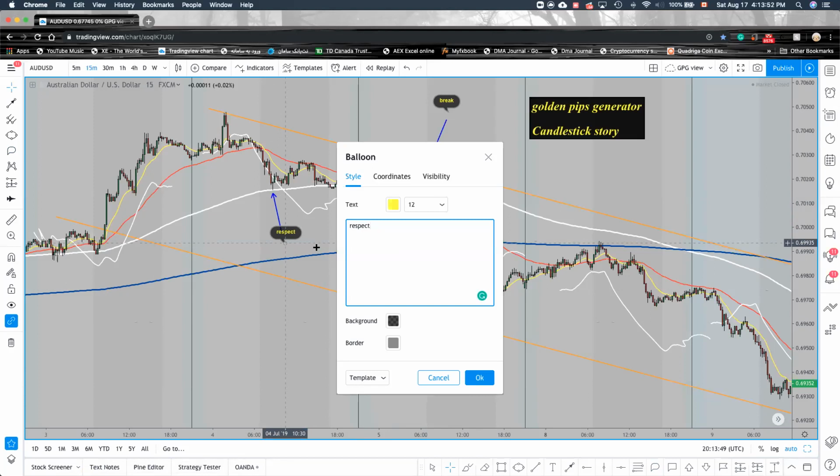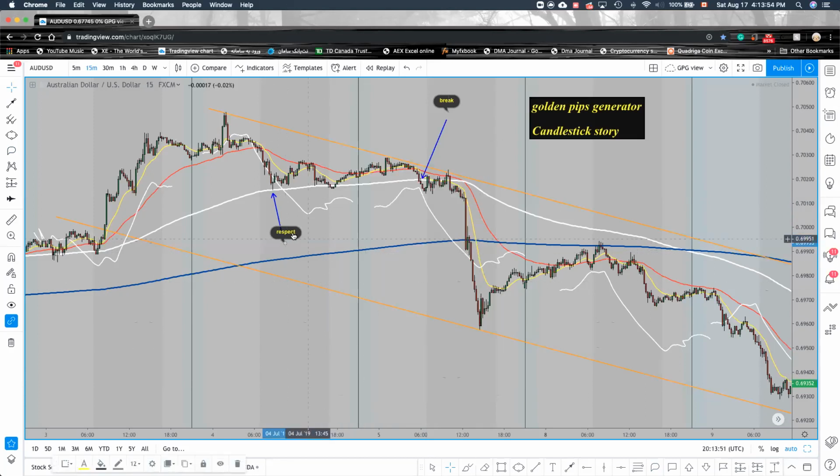Market couldn't even pass further, leaving the wick there. So this is a great respect right here. Okay. And then we got something like this where it's rejection.